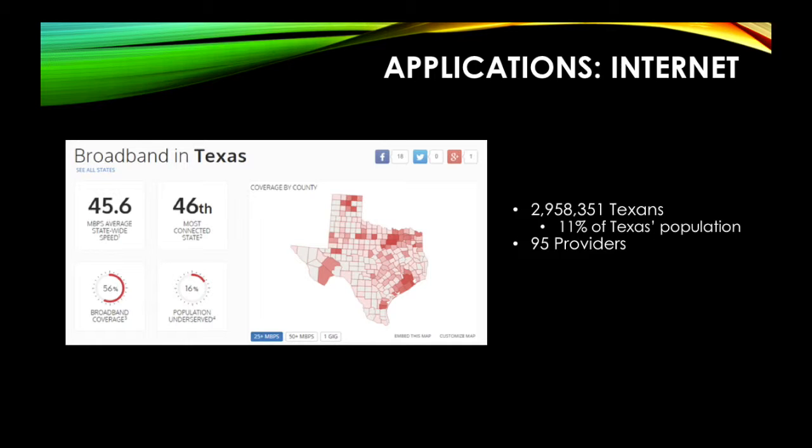Together, they cover 2,958,351 Texans, which is about 11% of the Texas population. Perhaps, in the future, we will see fiber optics cover more of Texas's internet connection.